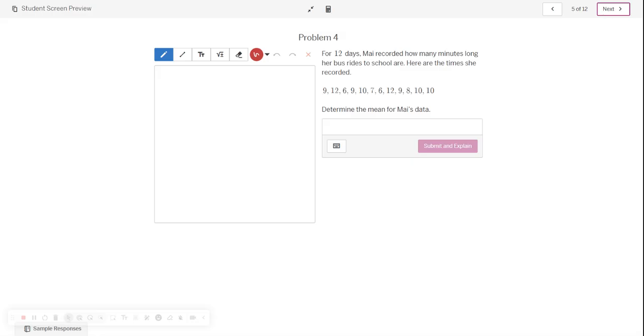Okay, lots of numbers. The first thing I would do is put these in order. To determine the mean, I'm going to have to add them up. So I'm going to start at the bottom: 6, 8, 9, 9, 9, 9, 10, 10, 10, 12, 12.